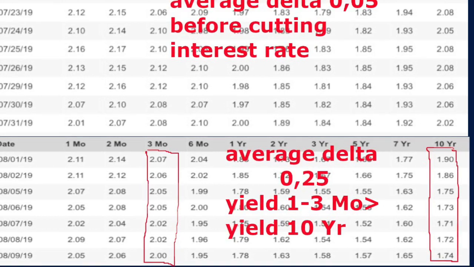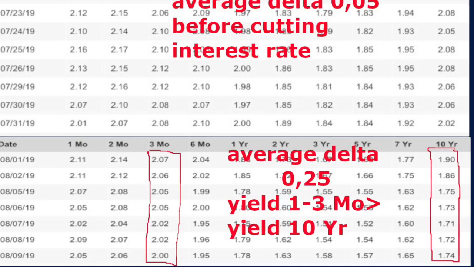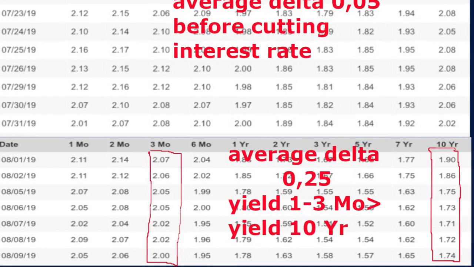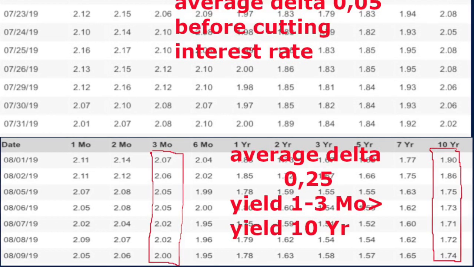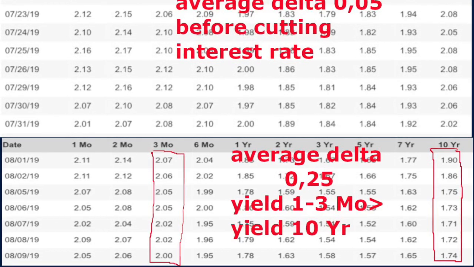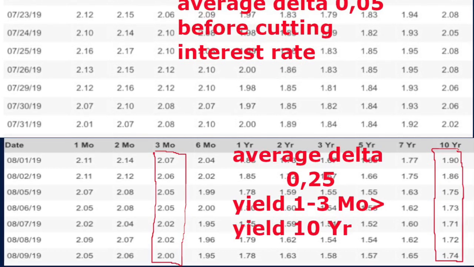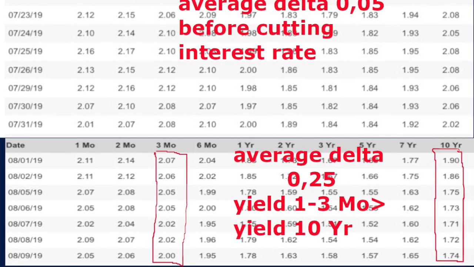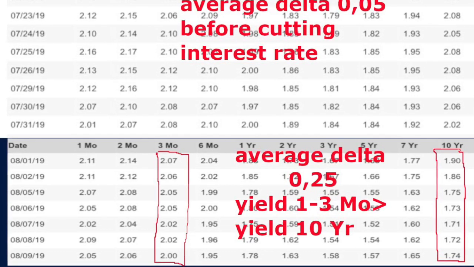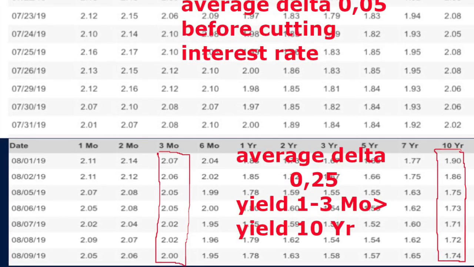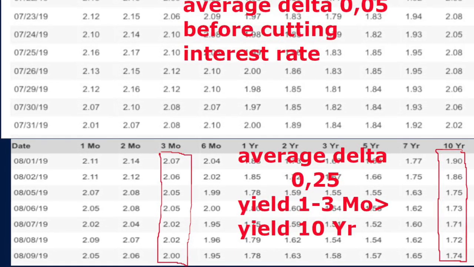Another important fact, the Federal Open Market Committee lowered the interest rate by 0.25% on July 31st, 2019. So the committee members recognize the real threat of recession, but so far such actions have not affected the yield curve.